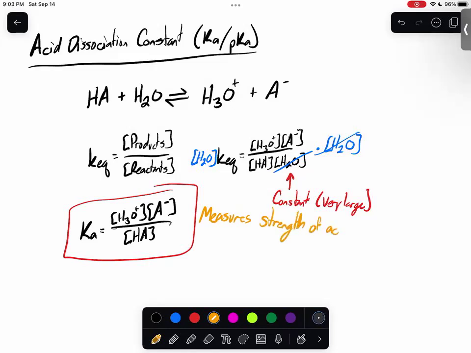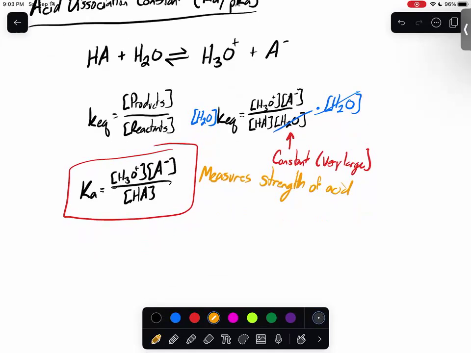And the way it does that is you can imagine the more acidic something is, the more of these top two things that it makes, right? Because the more acidic, the more H3O+ it's going to make because it's going to protonate more things. And so essentially, these Ka values tell us exactly how strong an acid technically is, especially in comparison to water.